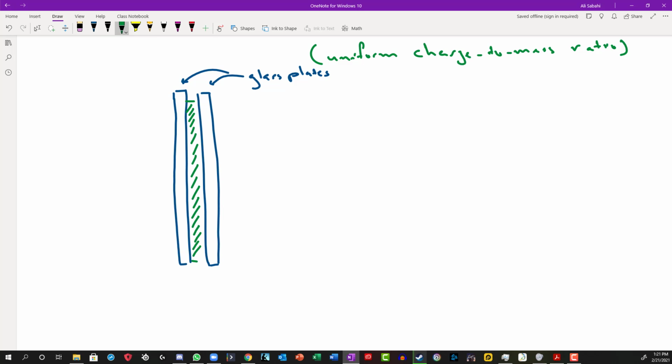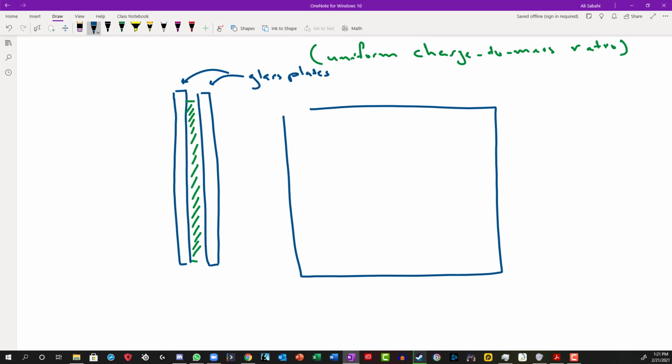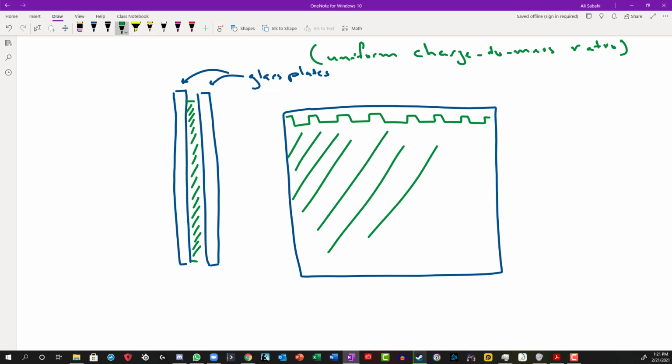So this is the polyacrylamide gel. Now, if I look at it from the front, here's my glass plate in the front. And my gel will look something like this. The green being the polyacrylamide gel.